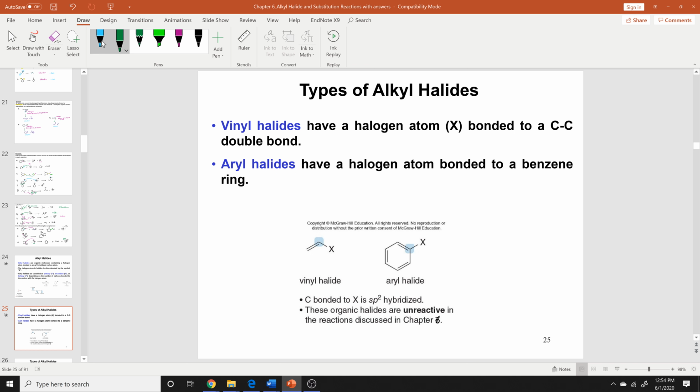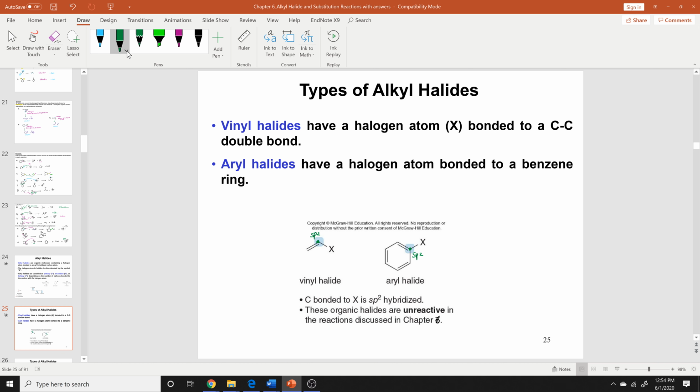Now, for halides that are connected to sp2 hybridized carbons, like in this example of the vinyl halide and the aryl halide, these are sp2 hybrid carbons. Since I'm working with a substitution reaction, as we mentioned before, substitution means that I am breaking this bond and replacing this group by another group.